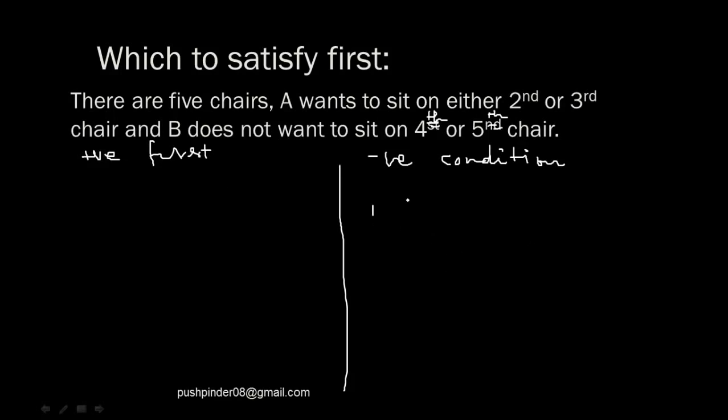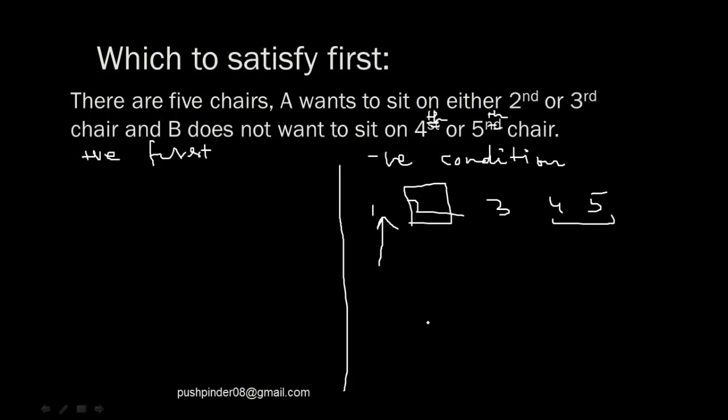Now these are 5 chairs: chair number 1, chair number 2, chair number 3, chair number 4, chair number 5. Now B does not want to sit on any of these chairs. Now let's suppose B sits on this second chair, right? Now if B sits on the second chair, then A has only one choice left, which is wrong.